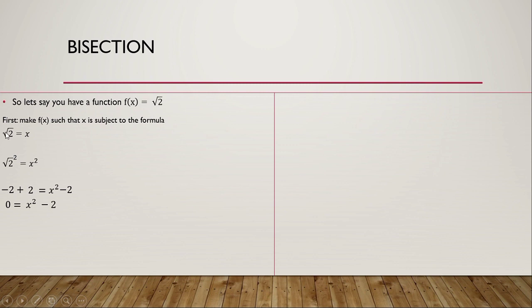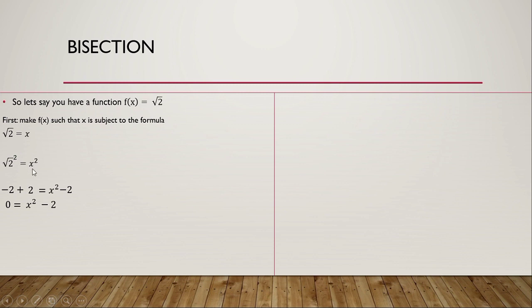So we have the square root of 2 is equal to x, and then we square both sides, so we are getting rid of the radical. The square root of 2 to the power 2 is basically just 2, because the square gets rid of the radical.